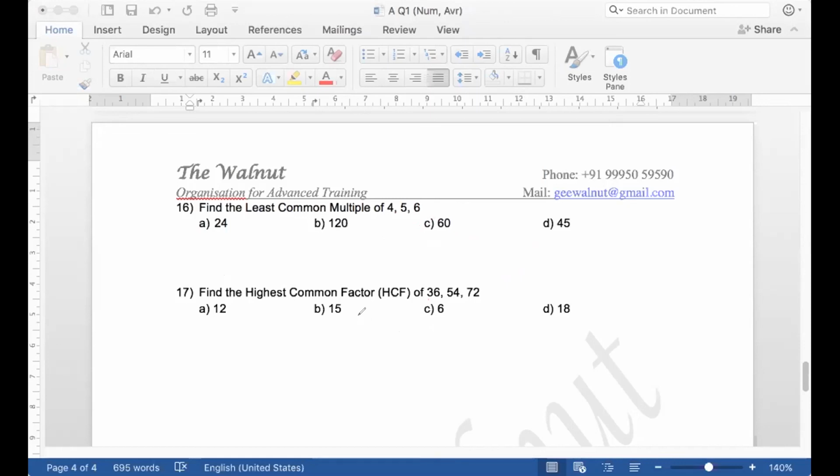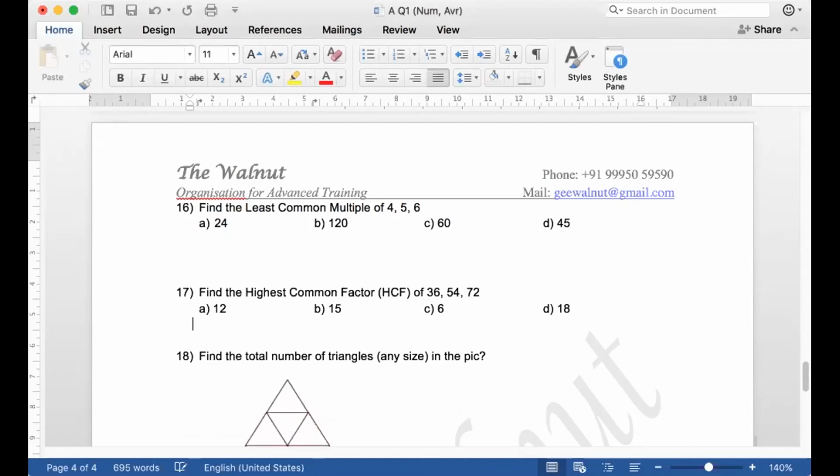At the same time, we know that 18 into 2 is 36, 18 into 3 is 54, and 18 into 4 is 72. So 18 is the highest common factor. These are quantitative ability questions, but you don't really need to solve them. You can get the answer by looking at the question. That's the advantage.